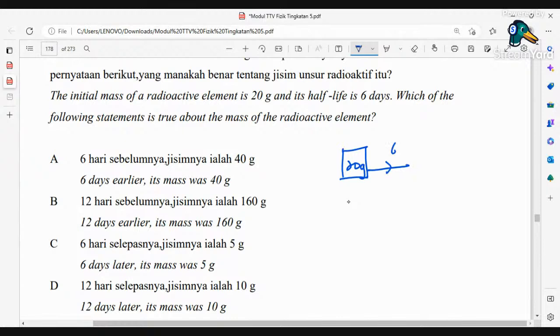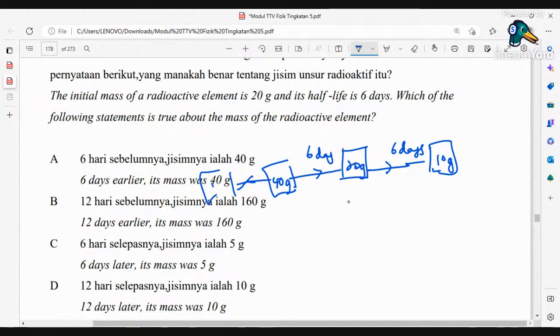If after 6 days, it will become half, means 10 gram. If 6 days before, it should be twice, so this one should be 40 gram. So 6 days earlier, 40 gram, correct? 12 days earlier, so we must go back 12 days, another one, so should be 80 gram.